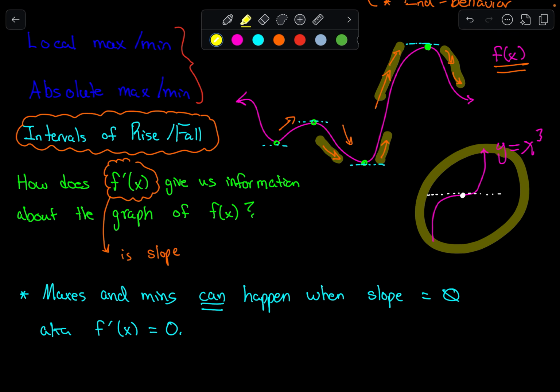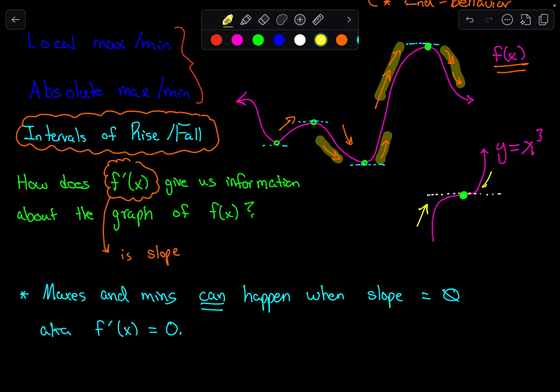But at this point I have a slope of 0, and the slope beforehand is going up and it's still going up afterwards. So this would not give us a maximum or a minimum. It just doesn't give us anything. We're going to say there is no max or min there.